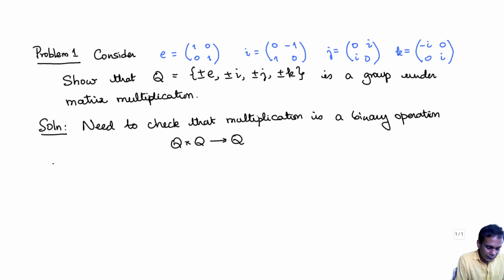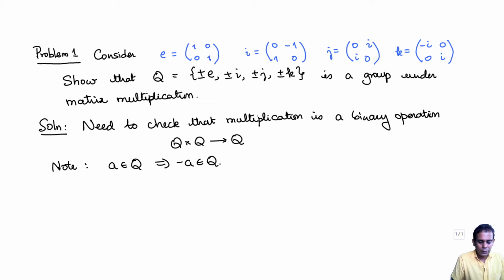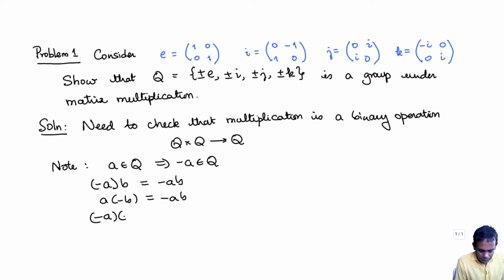Okay, so firstly note that if A belongs to Q, then minus A belongs to Q. So also, if you have minus A into B, this is minus AB, A into minus B is also minus AB, and minus A into minus B is AB. So we don't have to worry about signs.